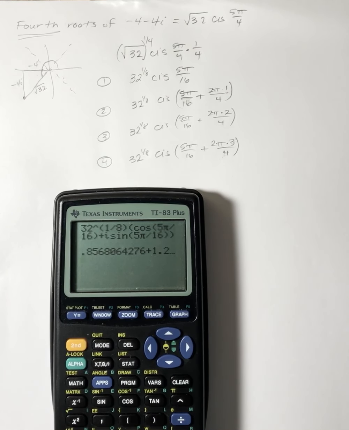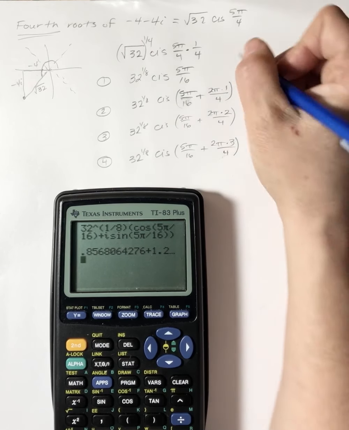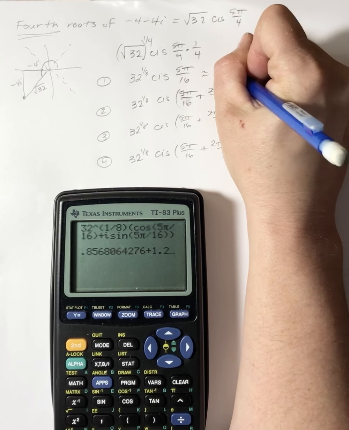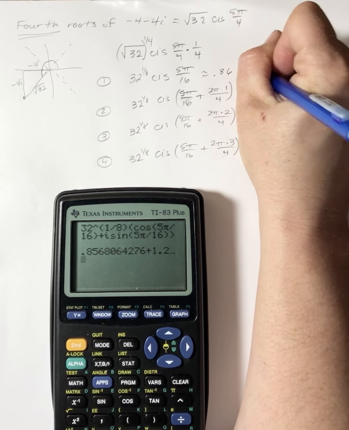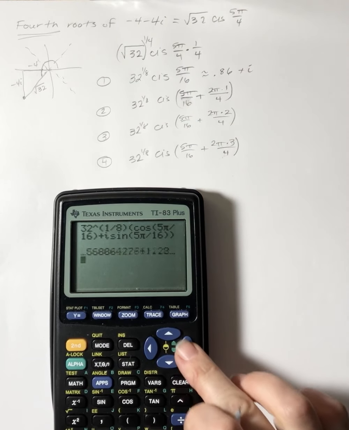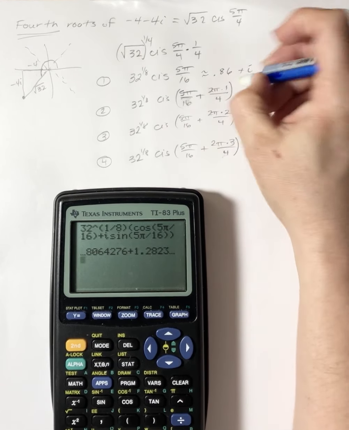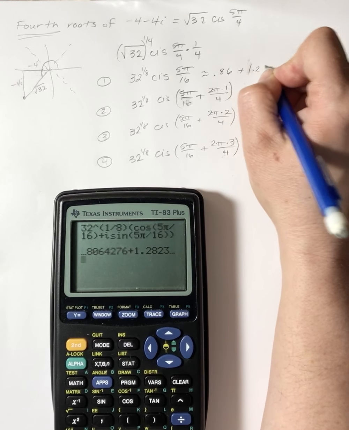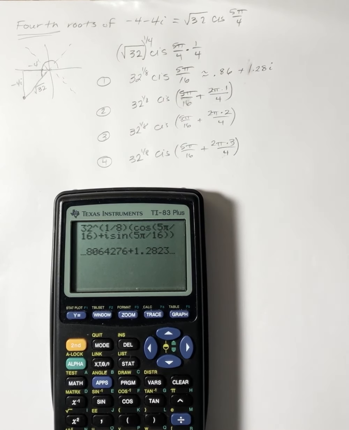So my lovely first answer is 0.86 plus 1.28i, since that's how we usually write it. There's my first one, okay?